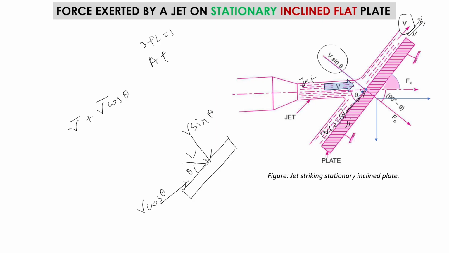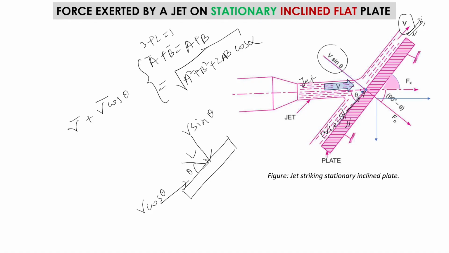If you want to add a plus b, it is not directly a plus b. It is root over a square plus b square plus 2ab cos of the angle between the two vectors. We get this from the parallelogram law of vectors.